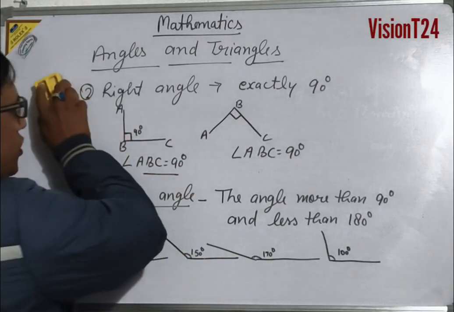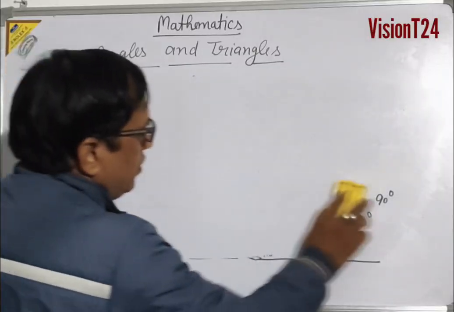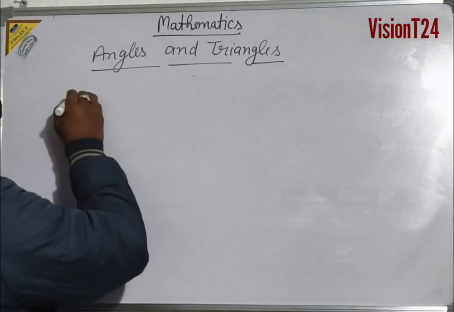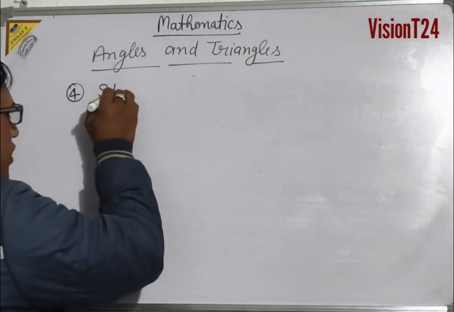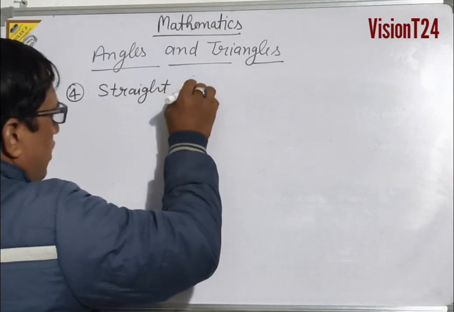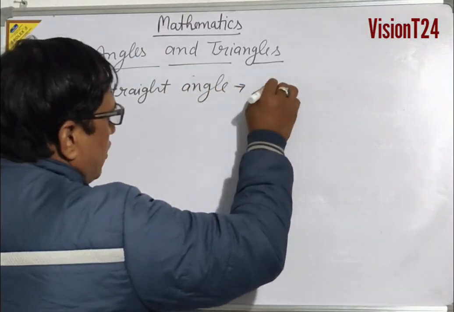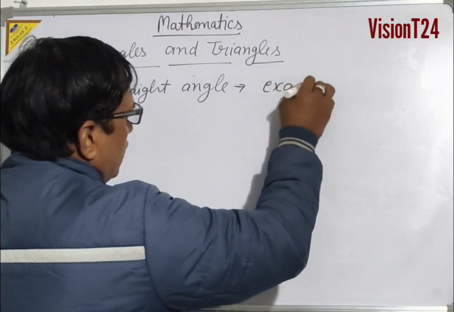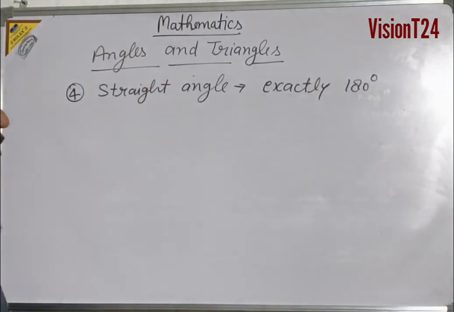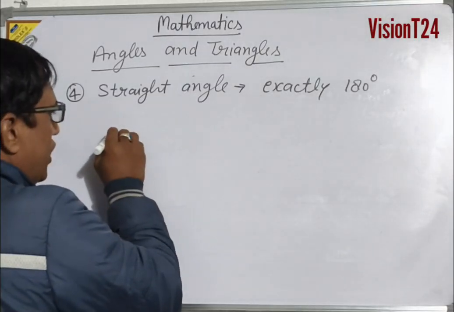Now comes the fourth type of angle, that is called straight angle. Straight angle means exactly 180 degree. 180 degree angle is called straight angle, and this is just a straight line.